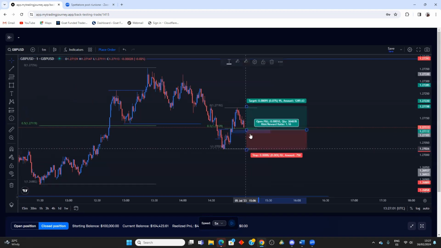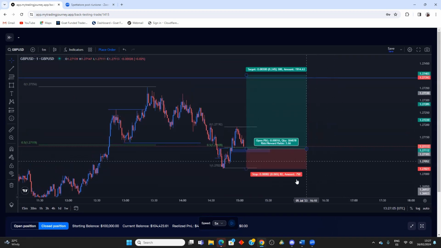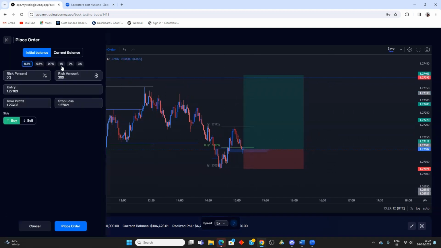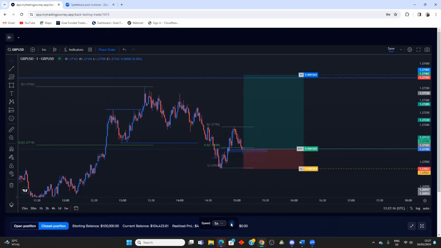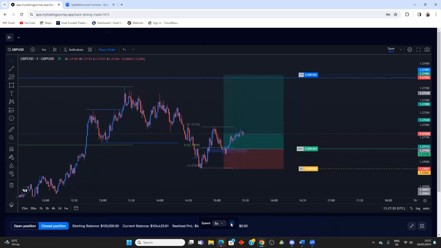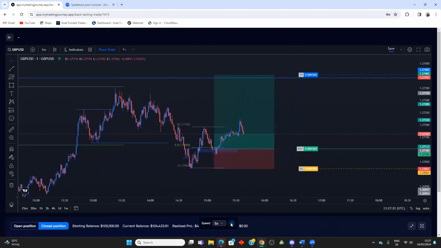I'm gonna put my stop loss just below this area, take profit at the liquidity, 1 to 3.6, still pretty good. Perfect, place trade, 1%, place order, order is placed. And we're gonna have some fun looking at the statistics later about this.